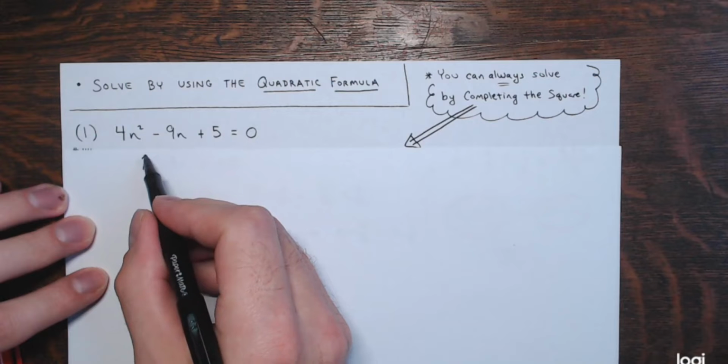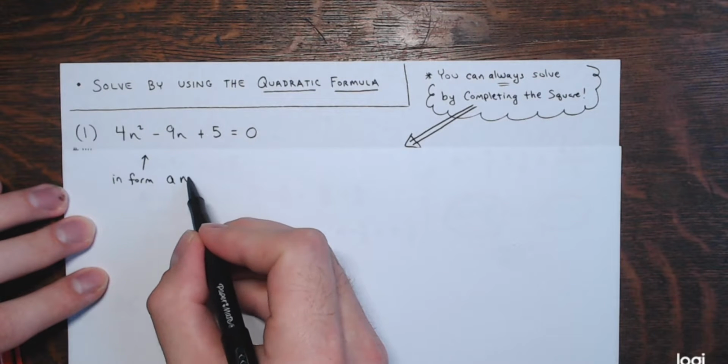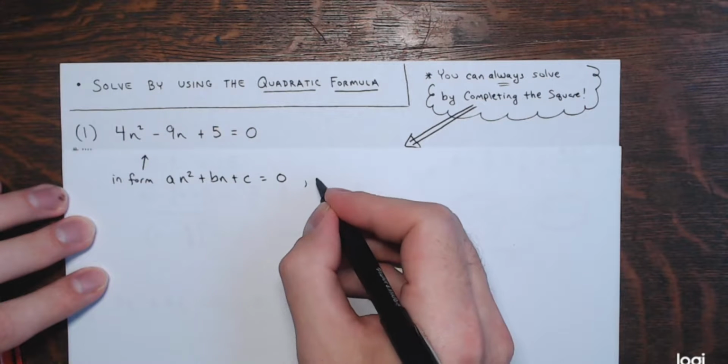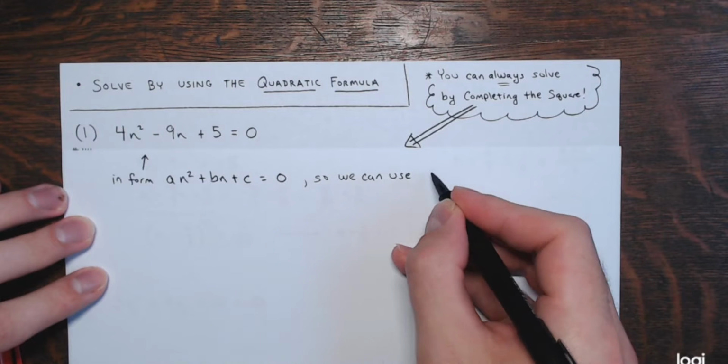So this equation is in the form a times n squared plus b times n plus c equals 0. So we can use the quadratic formula.